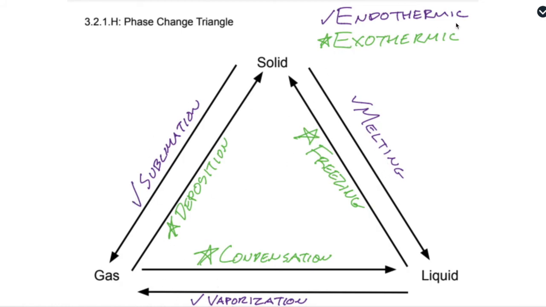And then up top here, I put purple represents our endothermic phase changes, and green or stars represent our exothermic phase changes. It's going to be important that you can identify your phase changes as endothermic or exothermic, and understand why they qualify as such.